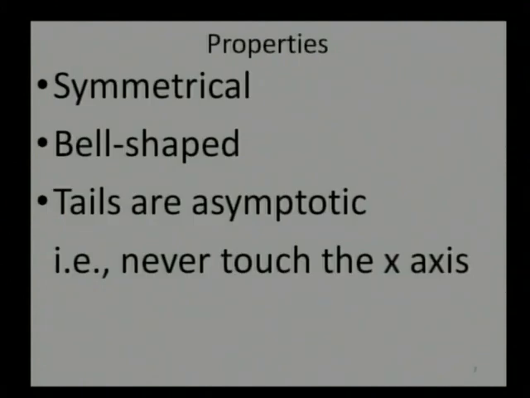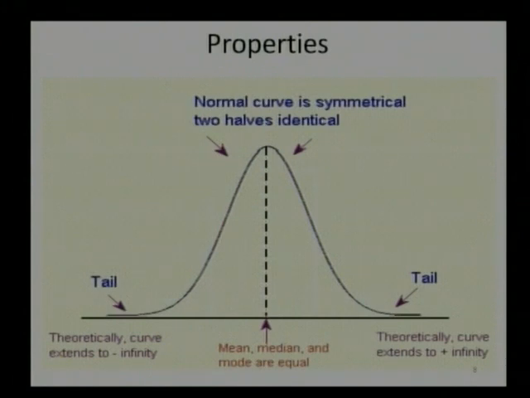Let us discuss some properties. The symmetrical property means the normal curve is symmetric, which is clarified by this pictorial view. Here you can see that mean, median and mode are equal and located at the same point.